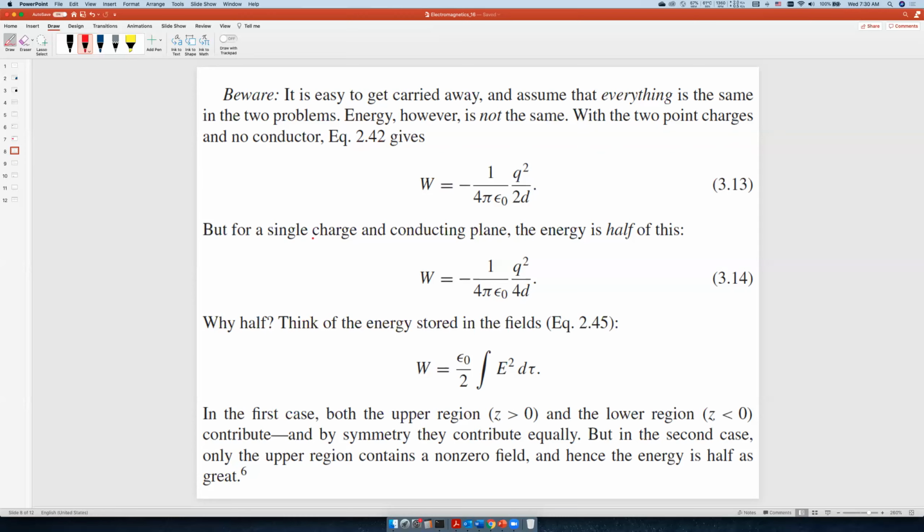So why in the single charge and conducting plane situation is the energy half? Think about the energy stored in the field, which is shown in this equation. In the first case, both the upper region and the lower region contribute equally by symmetry. But in the second case, only the upper region contains a non-zero field. So the energy is half as great.